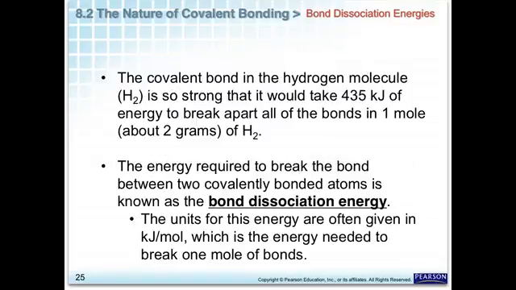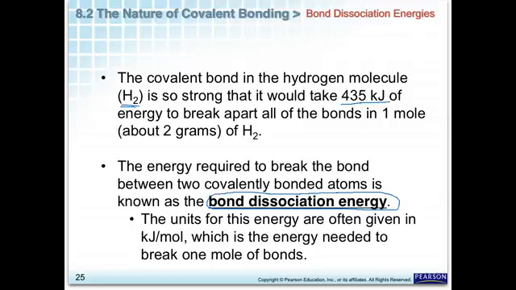In fact, the covalent bond in an H2 molecule is so strong it would take 435 kilojoules of energy to break apart all the bonds in a mole of hydrogen. This amount of energy is called the bond dissociation energy, and that is the energy required to break the bond between two covalently bonded atoms.